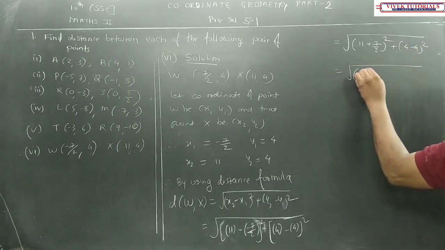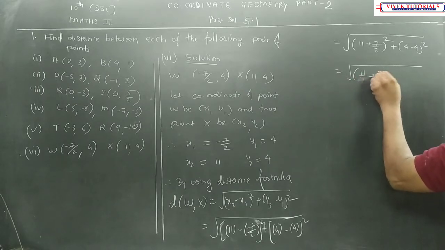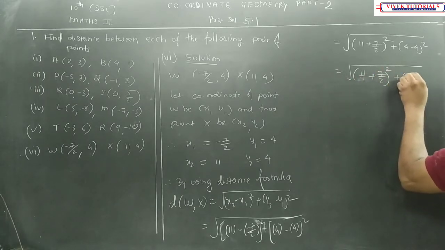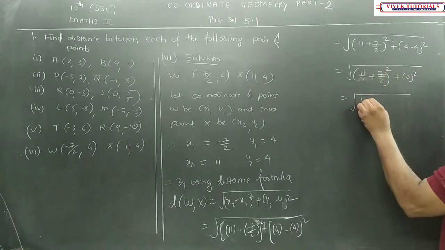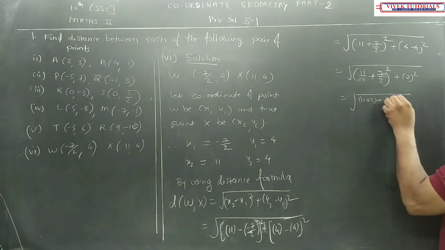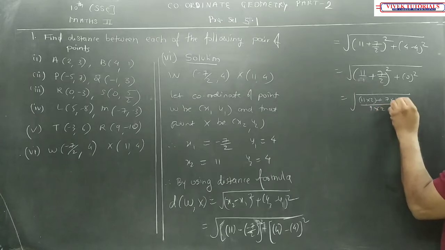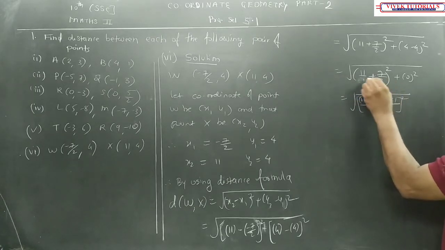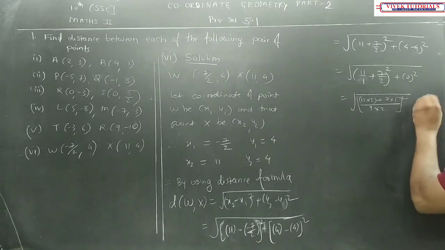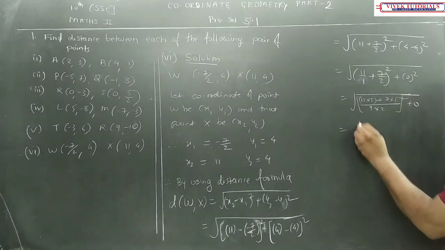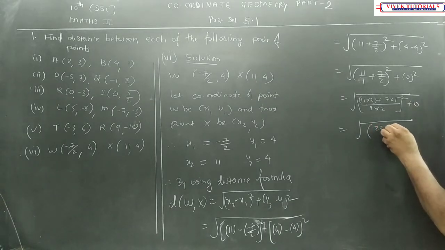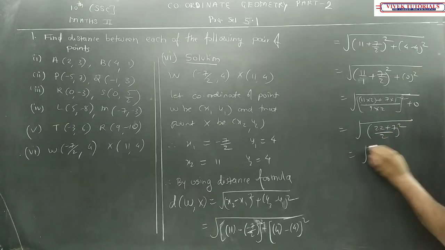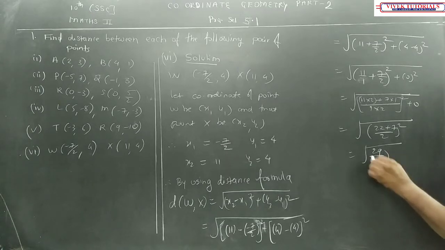That is equal to 11 upon 1 plus 7 upon 2 the whole square plus 0 square. Now you are going to cross multiply it. It is 11 into 2 plus 7 into 1 upon 1 into 2. See, the denominator is not the same, right? So we have to cross multiply. And don't write that 0 square is 0 only. What I would write: 11 twos are 22 plus 7 upon 2 the whole square. We are getting 29 upon 2 the whole square.